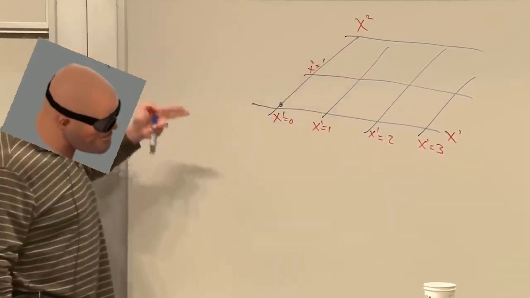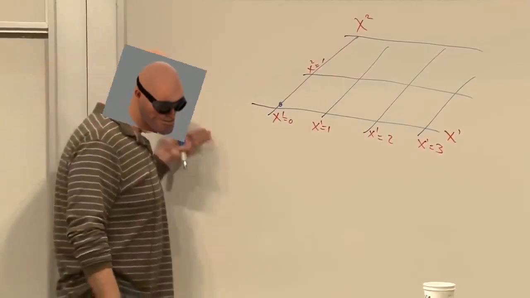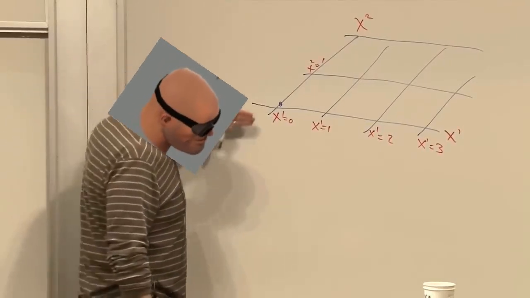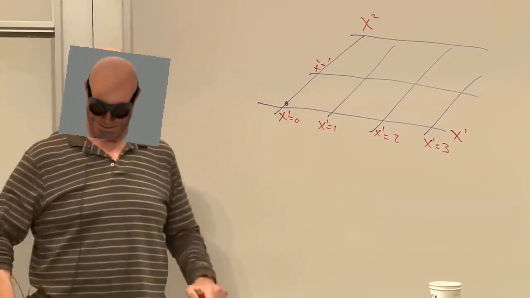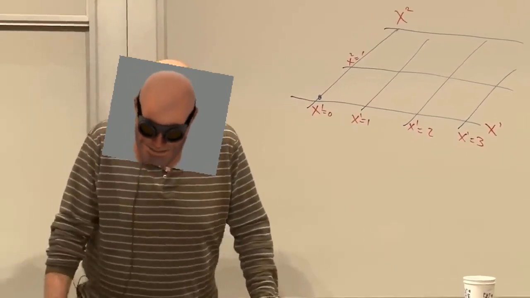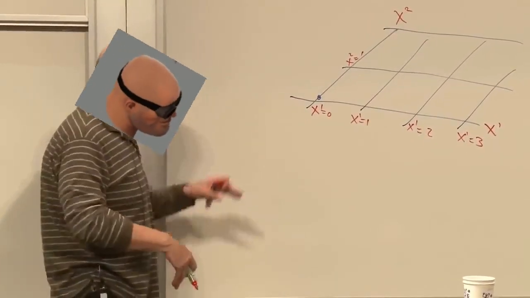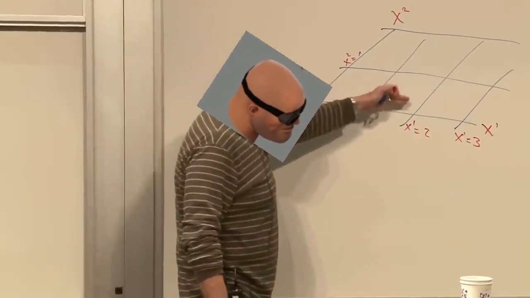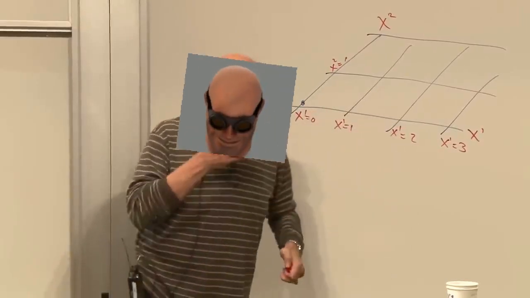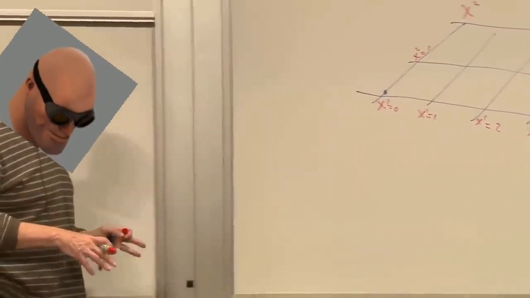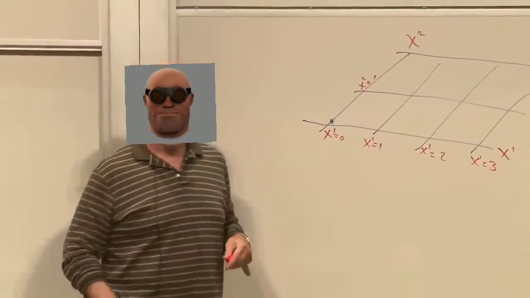The actual physical distance, let's say measured in meters or centimeters or whatever units, between x equals 0 and x equals 1 is not necessarily 1 unit. They're neither perpendicular to each other, nor do these labels represent actual physical distance along the axes. They're just names of points. Here's the point x equals 0, and so forth and so on.